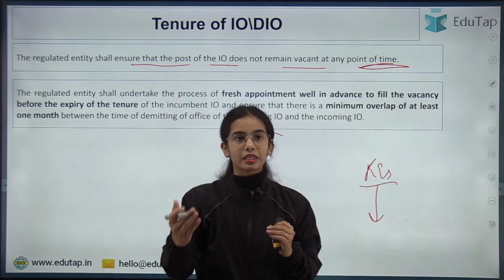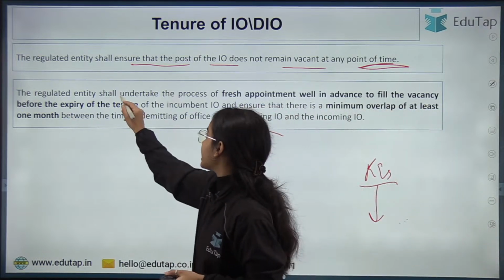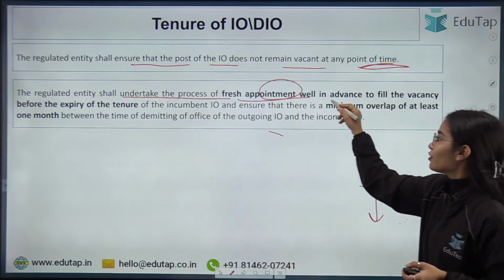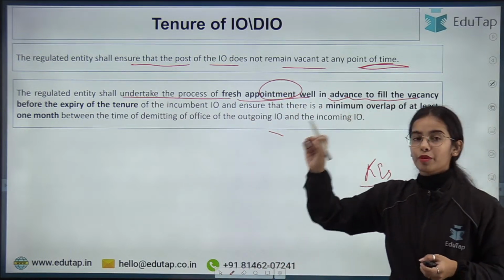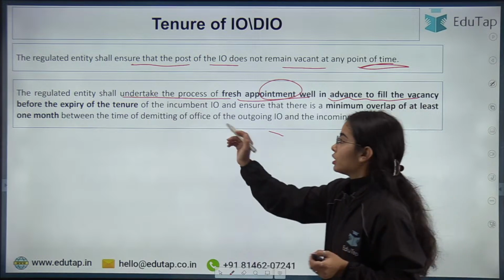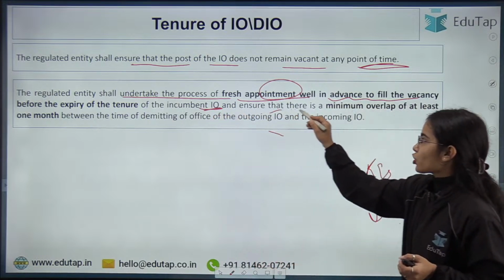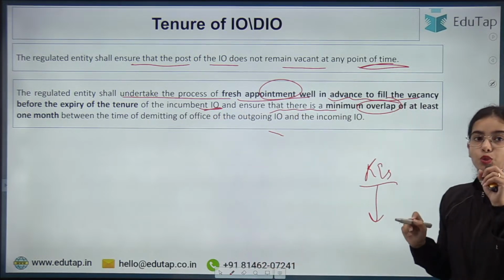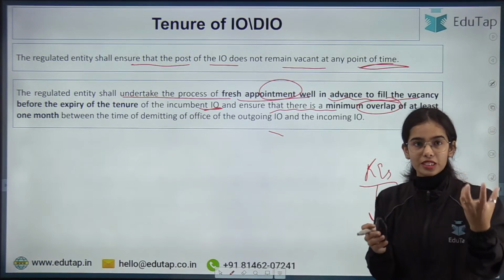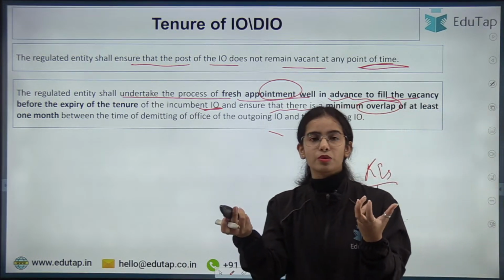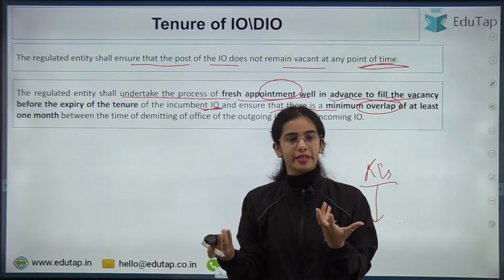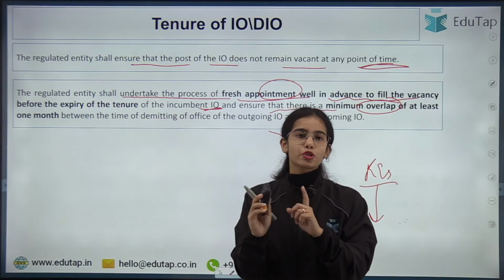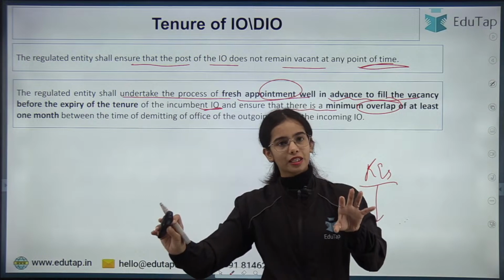So the regulated entity shall undertake the process of fresh appointment well in advance to fill the vacancy before the expiry of the tenure, and ensure a minimum overlap of at least 1 month between the previous internal ombudsman and the new internal ombudsman, because the training is also required, right? So 1 month overlap should be there.